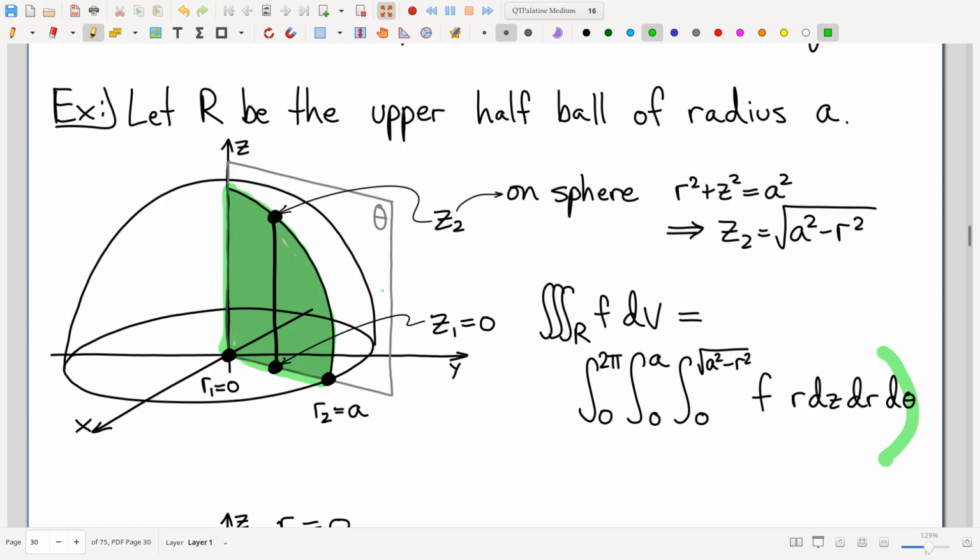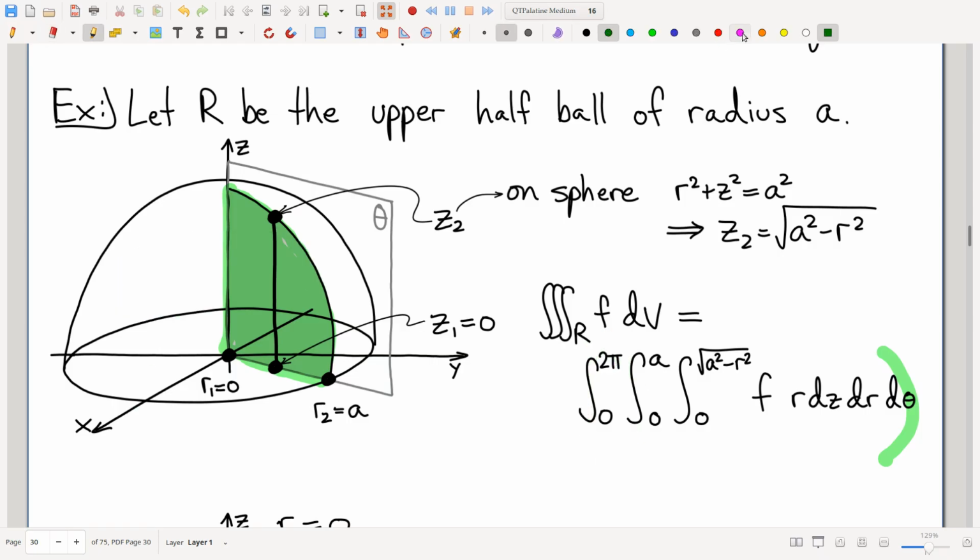Is that cool? Everybody's happy? And another geometric appeal would go all the way around. So 0 to 2 pi. What do you think? Everybody buying it? Cool. So, okay, there's our theta slice.